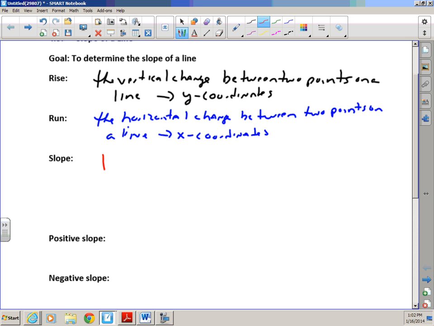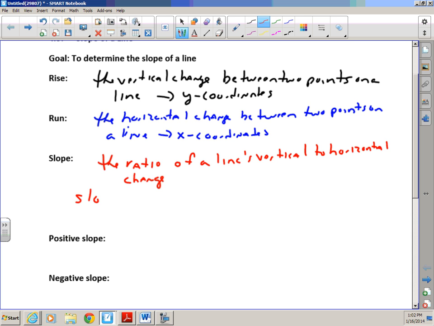Slope is the ratio. The word ratio, you should be thinking fraction, of a line's vertical change to horizontal change. If you'll remember from the lesson a couple of days ago when we were graphing using a table of values, we saw a pattern, and that pattern was the slope pattern.